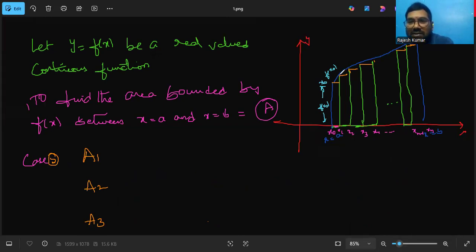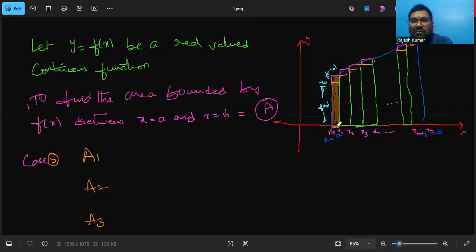I'm drawing like this. This is the second one. And here one more, here one more, like this. When I am calculating the first area, my area is located here. This is the first area.